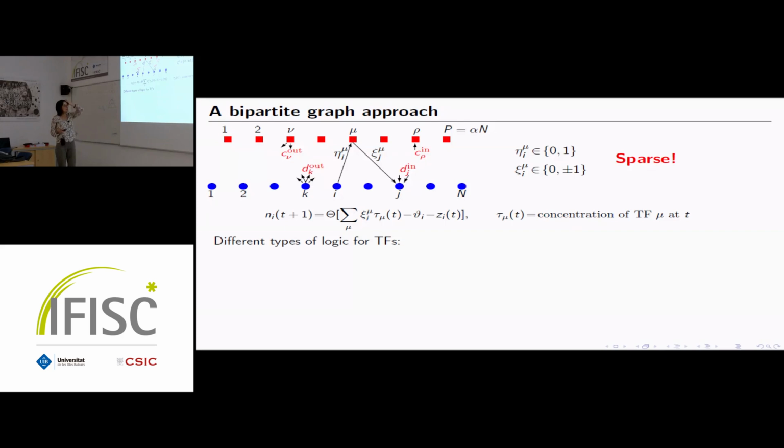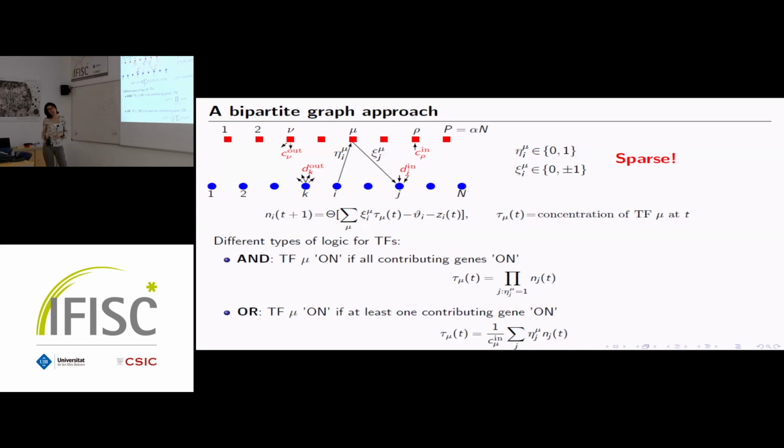So what would be a sensible dynamics? Of course, it depends on our choice. We thought that a sensible choice was to assume that transcription factors execute an AND logic, meaning that if a transcription factor is a protein complex, then to be synthesized, all the constituent proteins should be there, so all the genes that express those proteins should be on. So this was a choice.